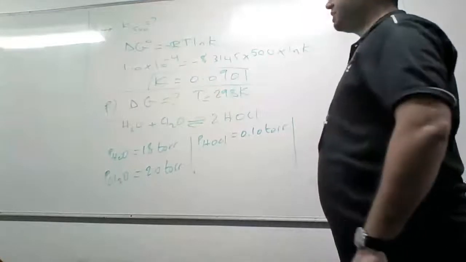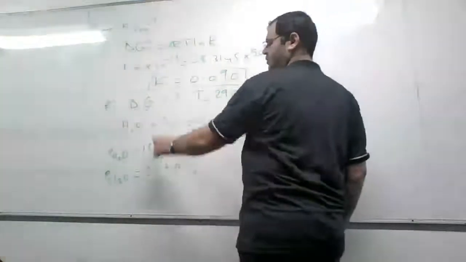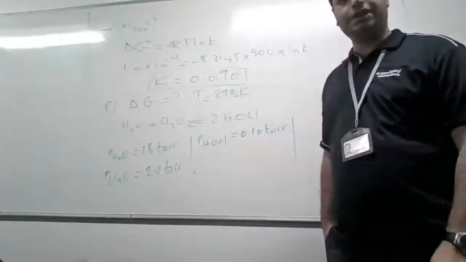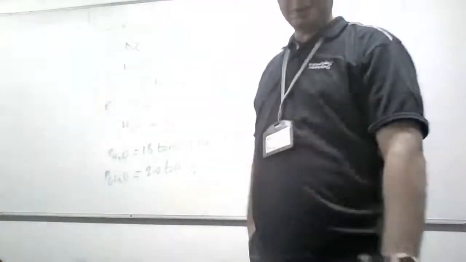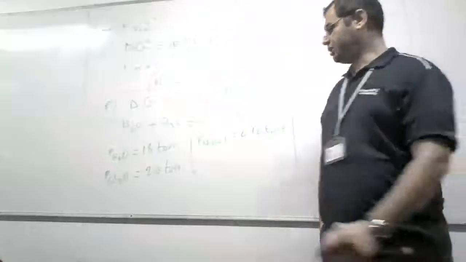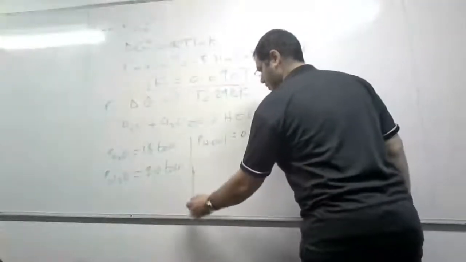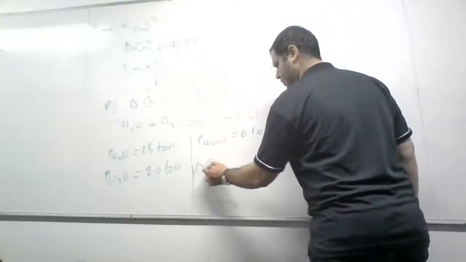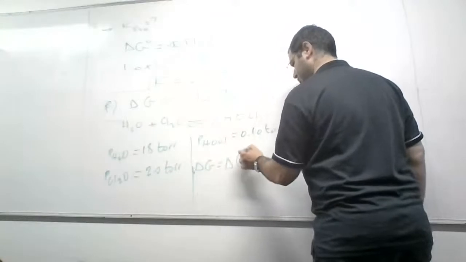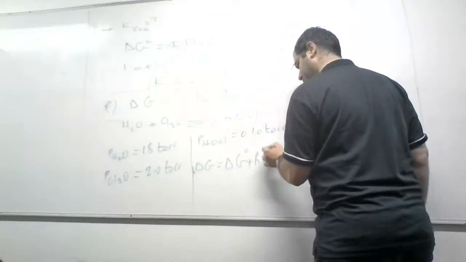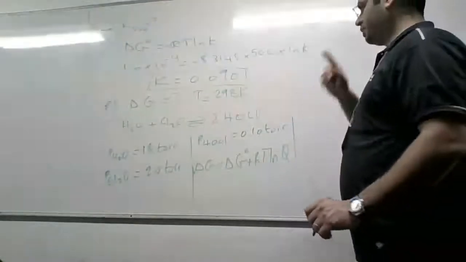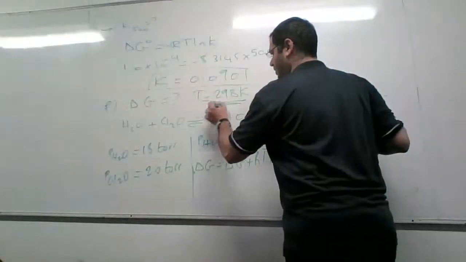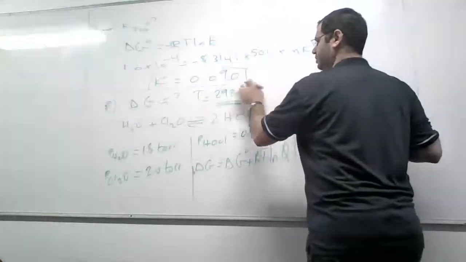My objective in this exercise is to calculate delta G. What do I know? How to calculate delta G? What's the relationship that we know for delta G, guys? Delta G equals delta G naught plus RT ln Q. Now, don't forget, I'm at 298.